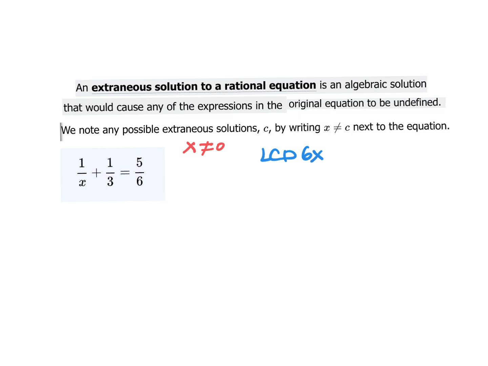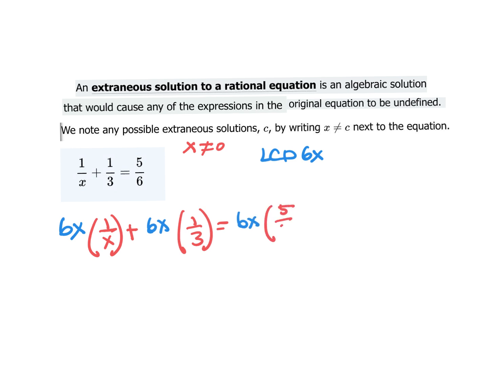I'm then going to take that lowest common denominator and multiply each part of the equation by it. So here's my 6x, my lowest common denominator, and I'm going to multiply that by 1 over x plus 6x times 1 over 3 equals 6x times 5 over 6.